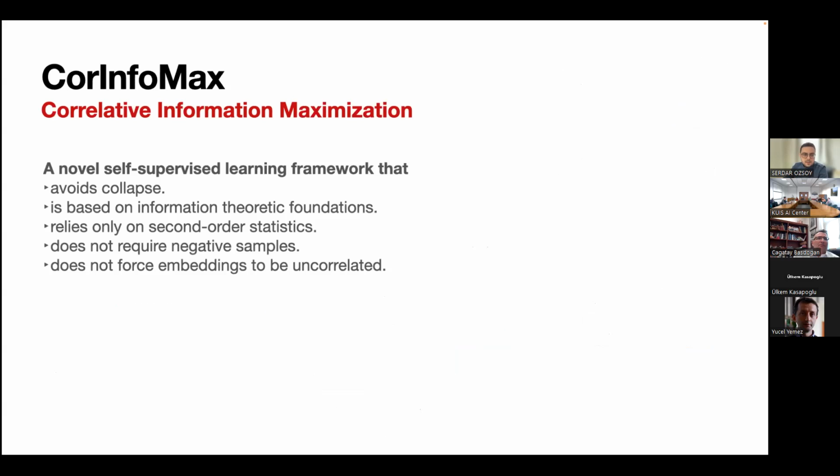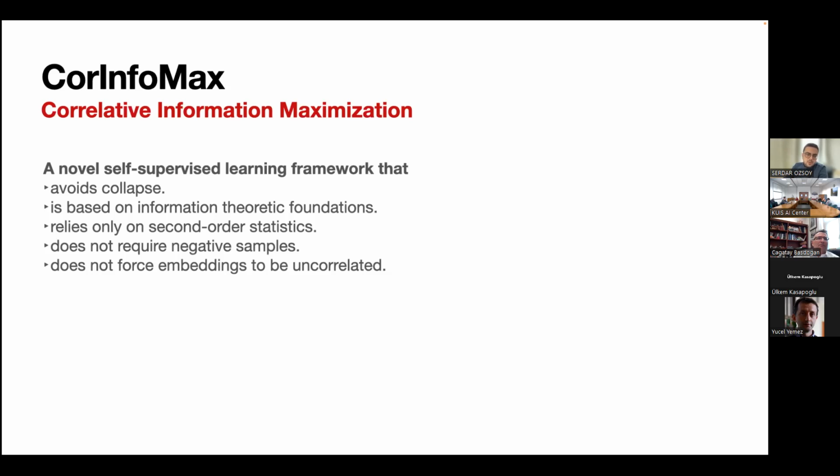We have seen existing methods in self-supervised learning and examined them from the information maximization perspective. With CorInfoMax, we propose a novel self-supervised learning method based on information theoretic foundations, which naturally avoids the dimensional collapse problem.